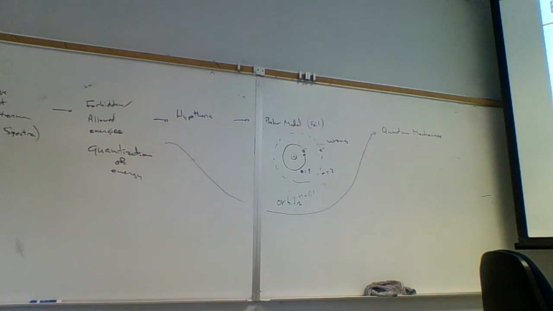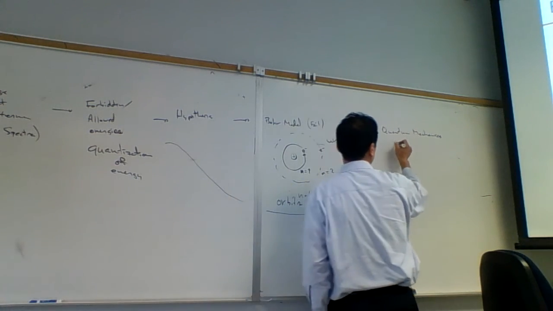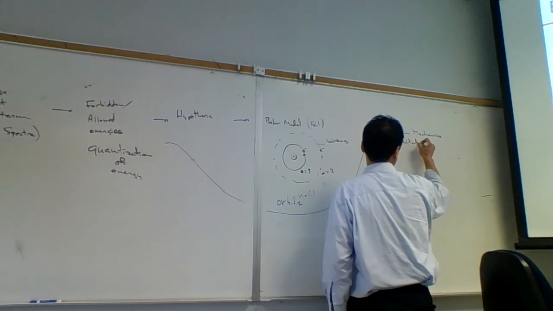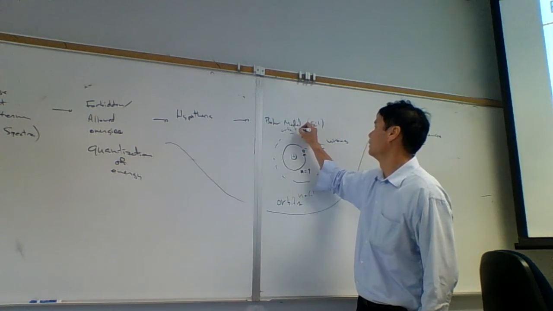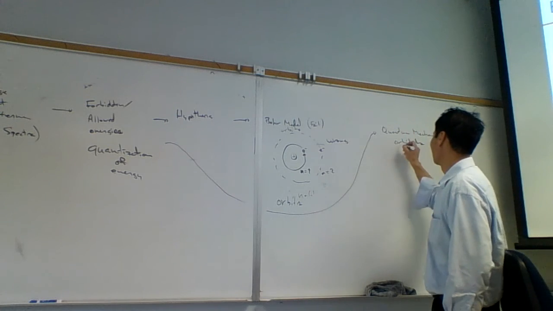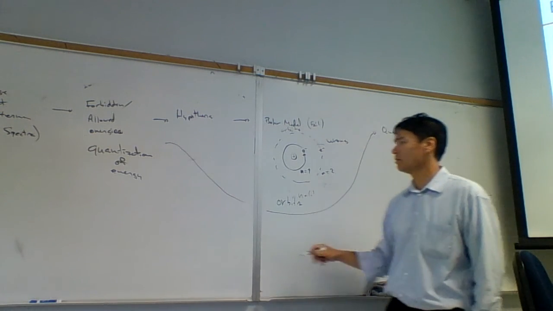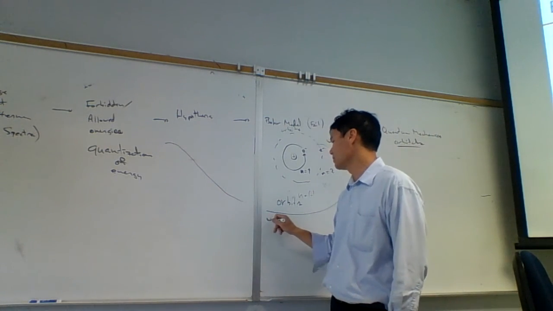We have something called orbitals. So let's talk about it. There are some additional developments. The Bohr model had orbits. Quantum mechanics has orbitals. It sounds similar, but we have to add one more thing.